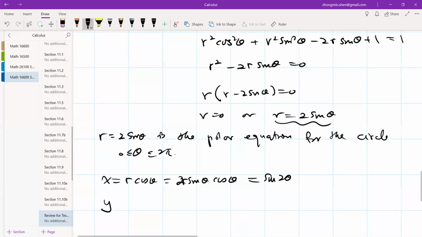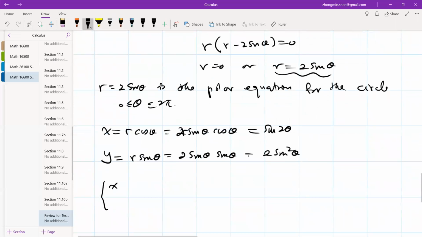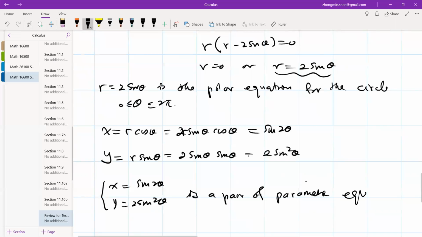Y equals r sine theta, so it's 2 sine theta sine theta, I got 2 sine squared theta. So x equals sine 2 theta, and y equals 2 sine squared theta is a pair of parametric equations for the circle.